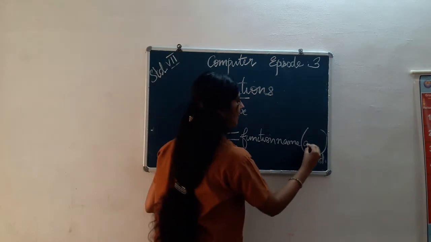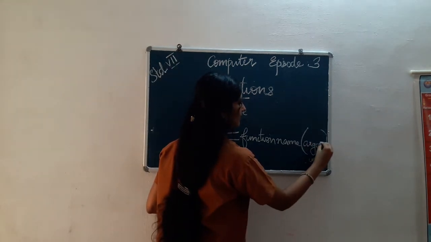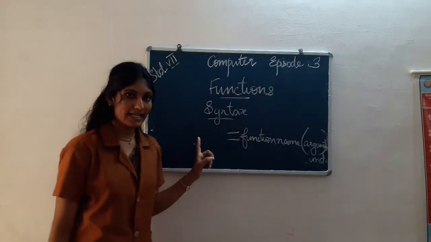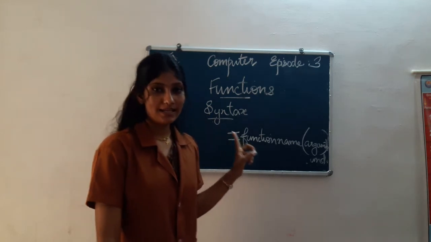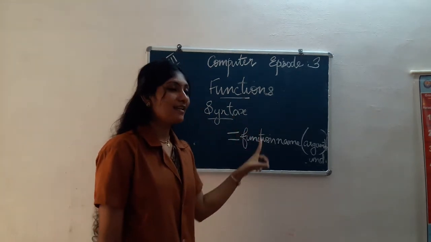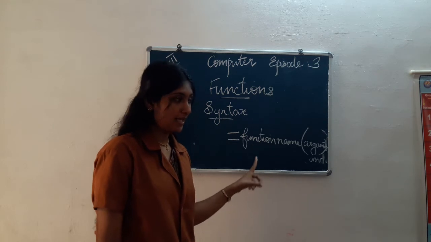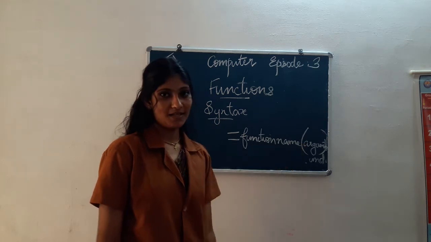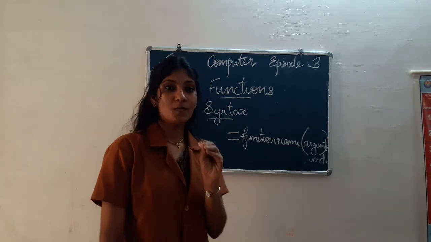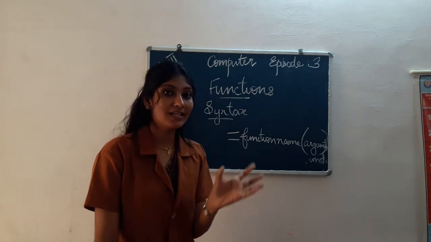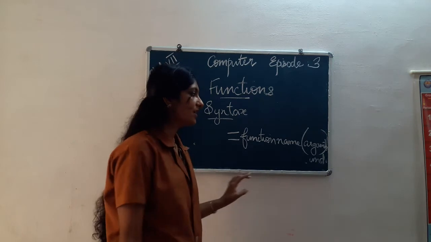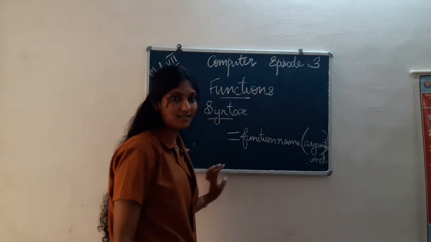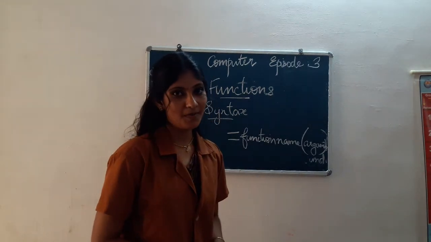It contains arguments. So what is the syntax of a function? First, all functions begin with an equal to symbol, then a function name, and then arguments. You must put the arguments within the brackets. Here is an open bracket and a closed bracket, and we call these brackets parentheses: open parenthesis and closed parenthesis.